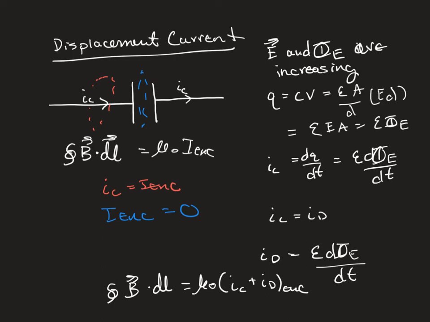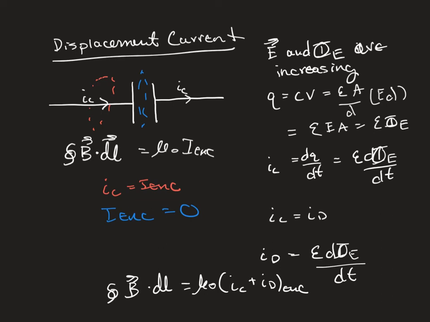So if we go back up here, when we do B dot dl around this circle, ID is equal to 0, and we have just the conductive current. And whenever we do B dot dl in between the plates, the conductive current is 0, and displacement current is the current that we're observing.